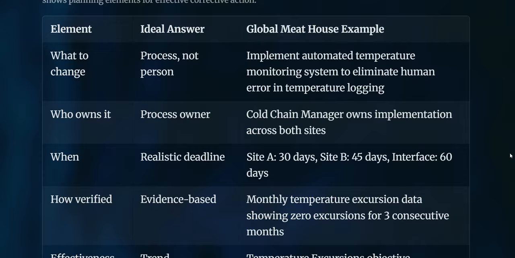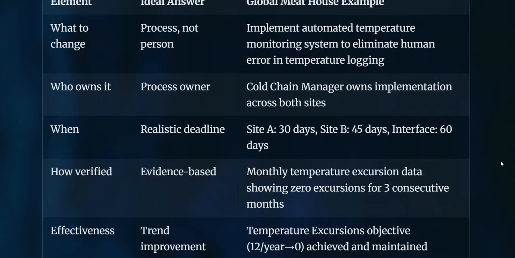Fourth element, how are the corrective actions verified? Ideal answer is evidence-based verification. In our Global Meat House, this means monthly temperature excursion data showing zero excursions for 3 consecutive months. The fifth element is to ensure effectiveness.